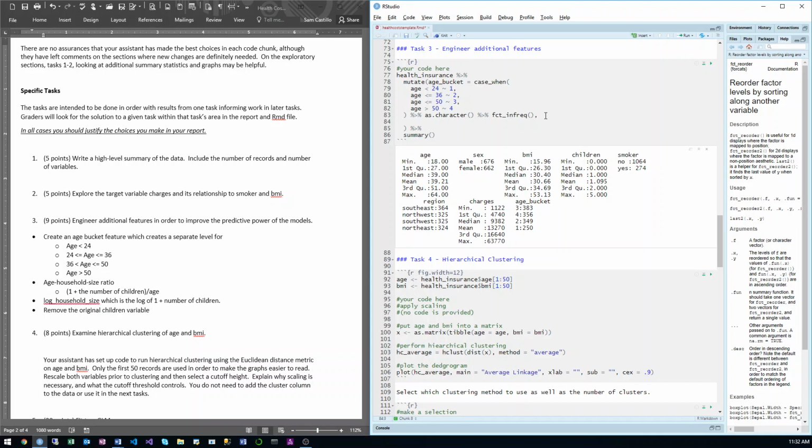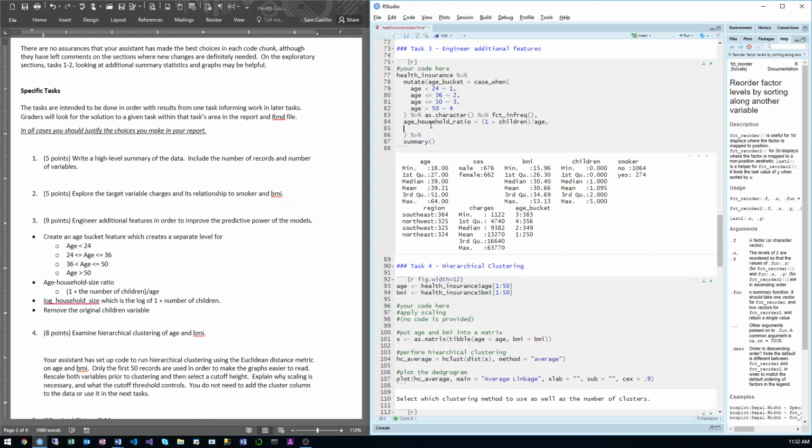The next variable is the age household ratio, which is 1 plus the number of children over age. And then log household size is equal to the log of 1 plus children.